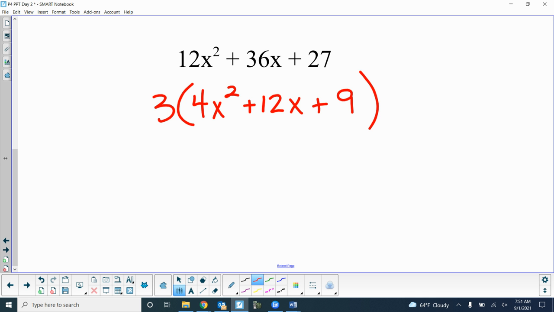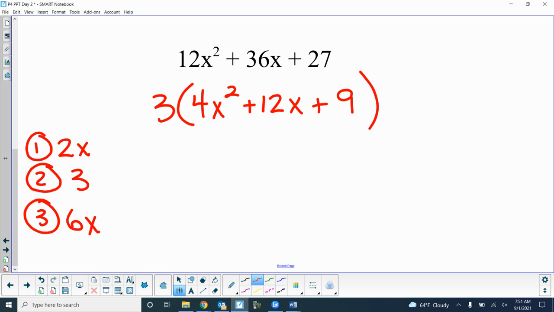Now, when you look in here, are the first and the third term positive perfect squares? They are. So I'm going to do my 1, 2, 3 test real quick. What's the square root of the first one? 2x. What's the square root of the third one? 3. What do you get when you multiply those? Is that half the middle? Yeah. So the 3 is still part of my answer.